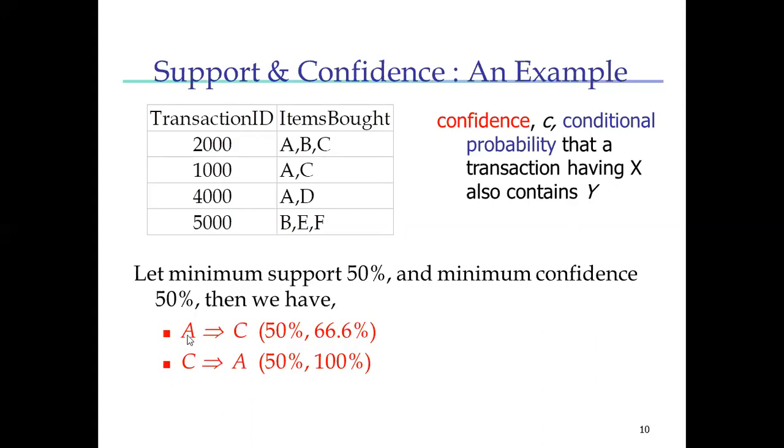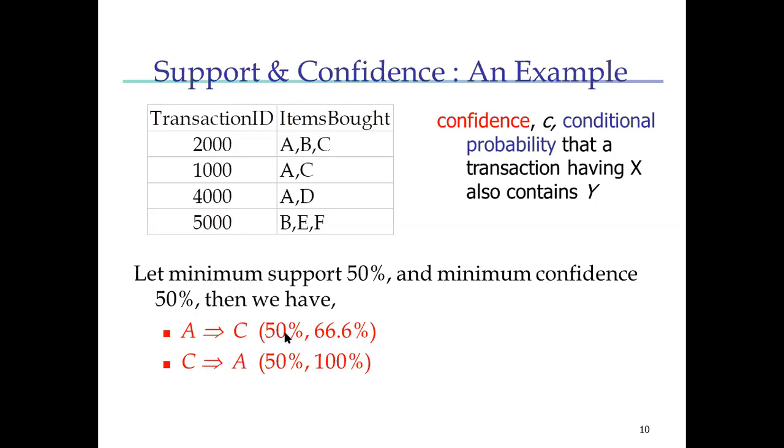Then we have A tends to C, where A and C are items. A tends to C is a rule: if A then C, with support 50% and confidence 66.6%.